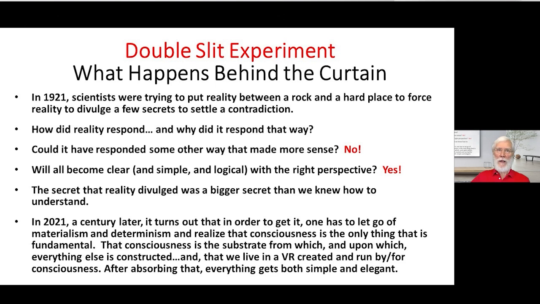It was constrained. Every other choice would have forced it to violate its own rules, would have forced a contradiction. So it did what it had to do. Now, will all become clear and simple and logical with the right perspective? Yes. If you have the right perspective, all of this will make perfect sense. It won't be so mysterious.